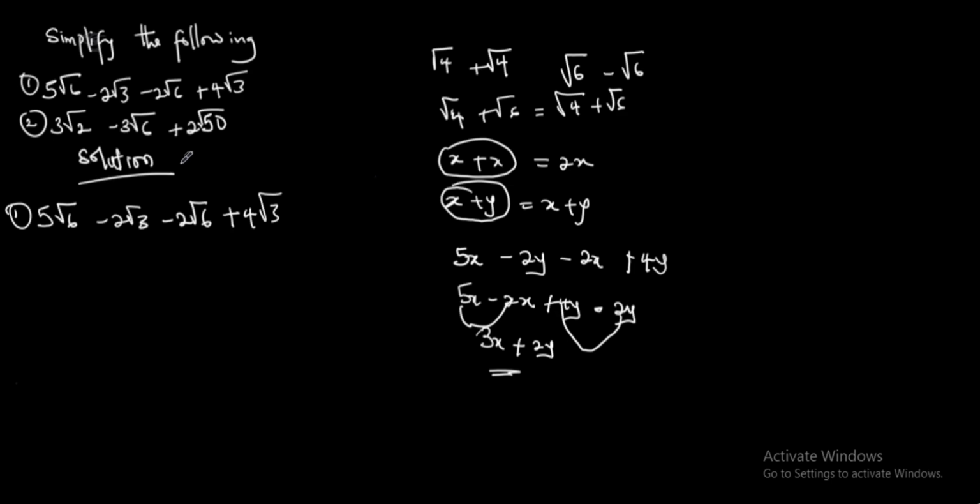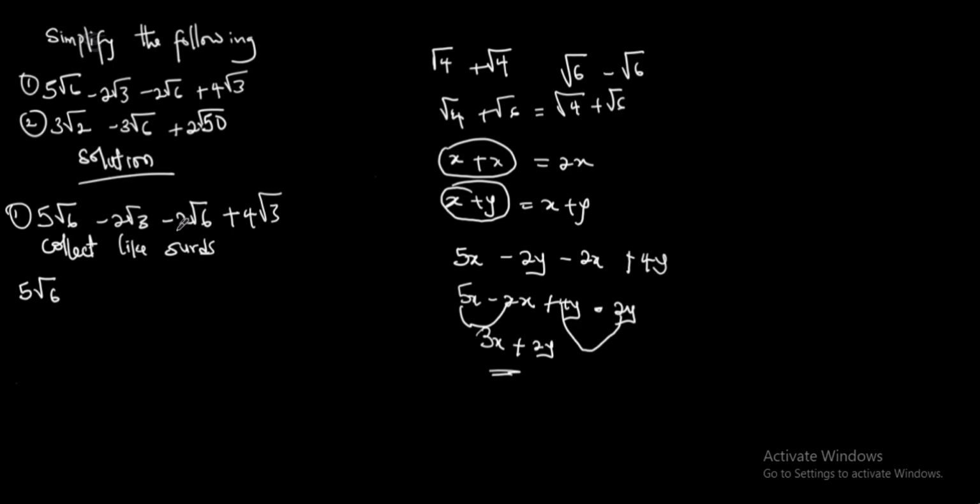So the first thing I will need to do to simplify this would be to collect like surds. So that I'll have 5 root 6 and 2 root 6 will come together.